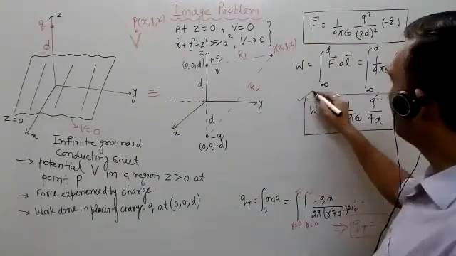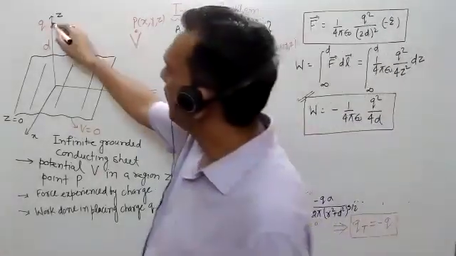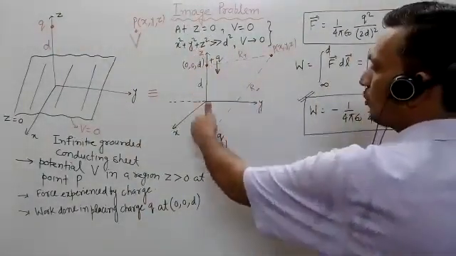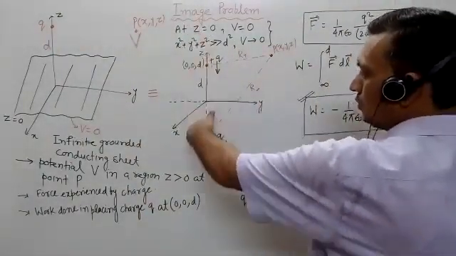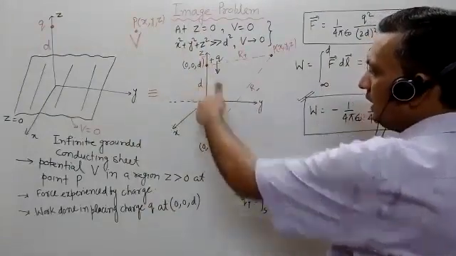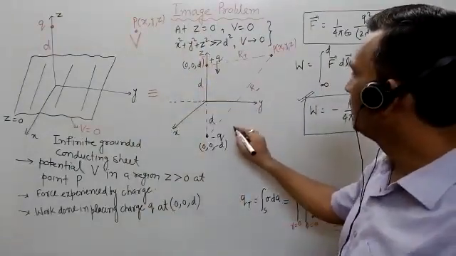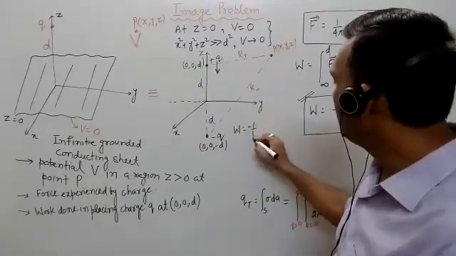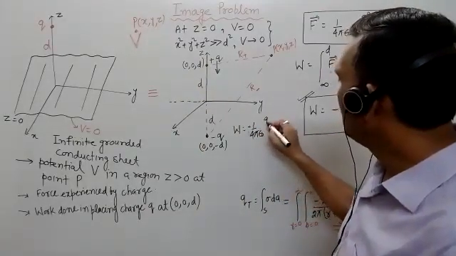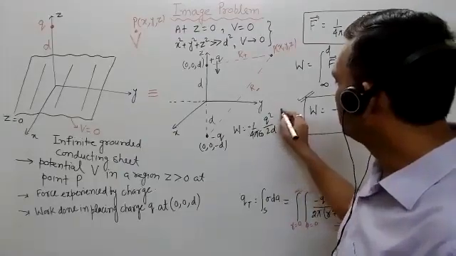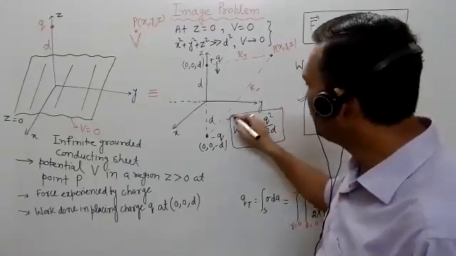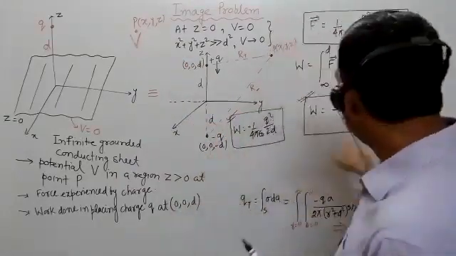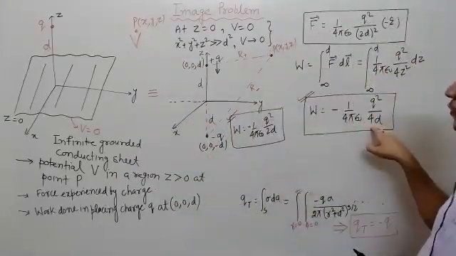This is the work done in placing charge q at point 0, 0, d. If you see the electrostatic energy of these 2-point charges, it will be minus 1 by 4 pi epsilon naught, q square by 2d. So must remember this point. You don't have to write the electrostatic energy of 2-point charges. You will see here the term is 4d.